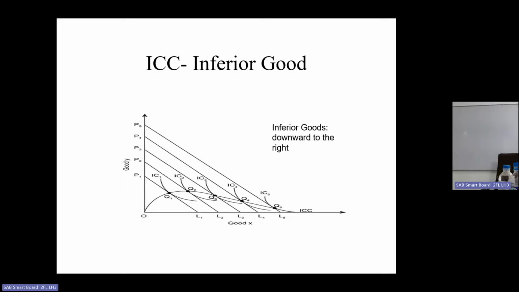Here, after Q2.5, demand for product Y decreases with rising income. So that is the inferior good. In the case of an inferior good, the ICC can be backward or downward sloping.